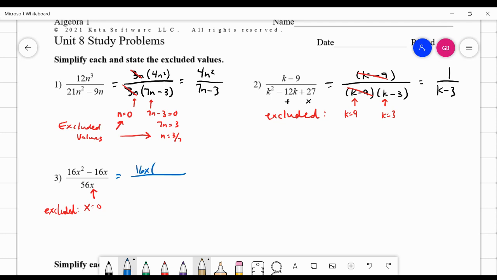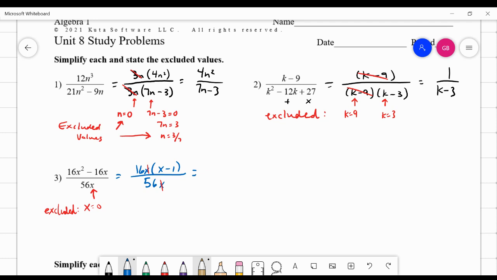So you're left with x minus 1. Okay, and 56x is your denominator. All right. Okay, we could quickly cross out the x's because you have one on top and one on the bottom.